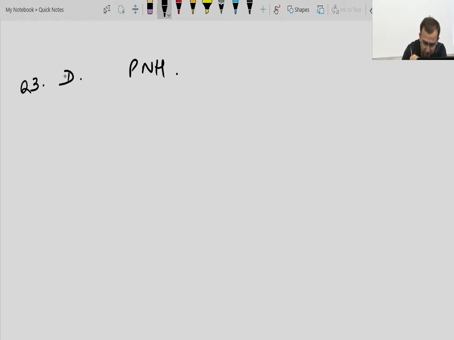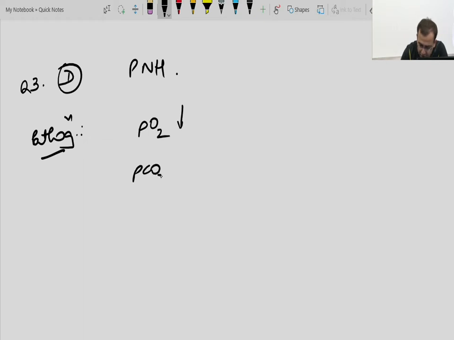Why? Starting with the pathogenesis of PNH. What do we do at night? You must be studying a bit more, but you also sleep at night. So when the patient sleeps, PO2 reduces and PCO2 increases. This in turn reduces the pH in the blood.